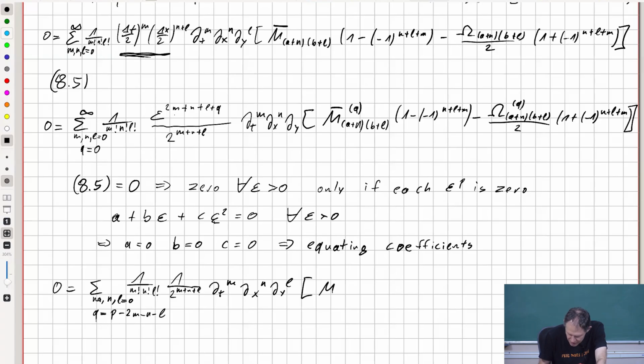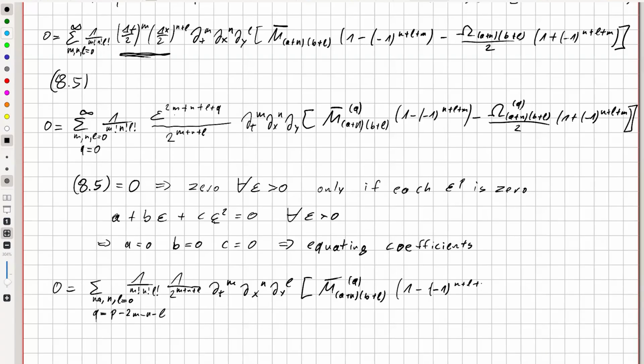And what is left here is the moment (a+m, b+n+l) to the order q, times 1 minus (1 minus (-1)^(n+l+m)) omega(a+n, b+l) divided by 2 (1 plus (-1)^(n+l+m)), and closing all the brackets.